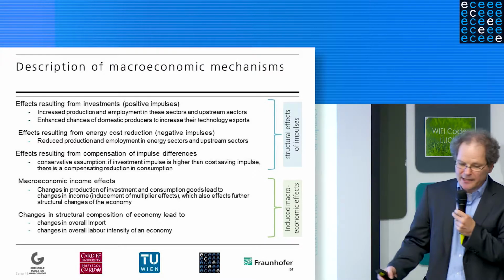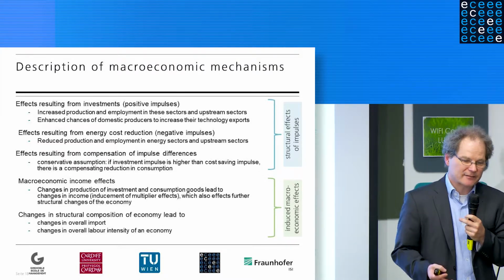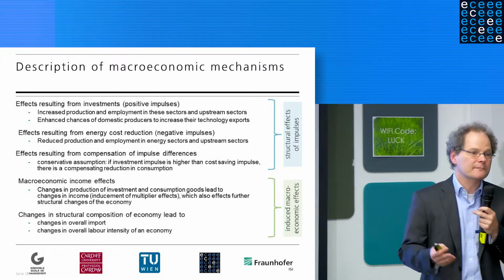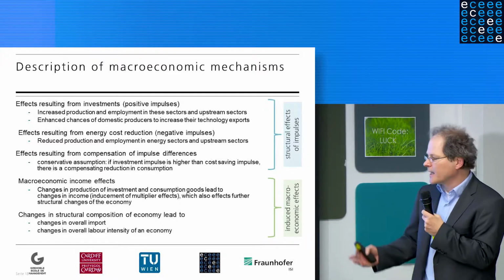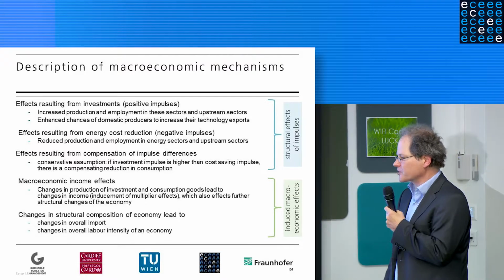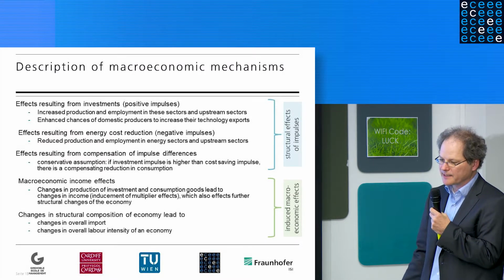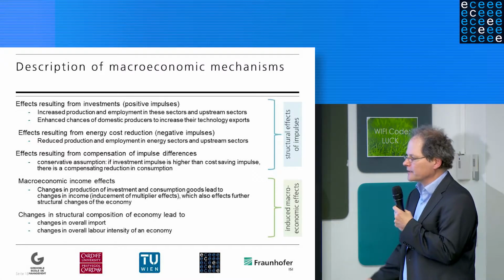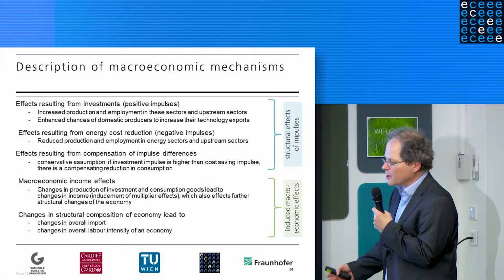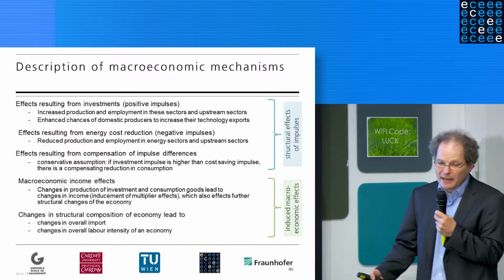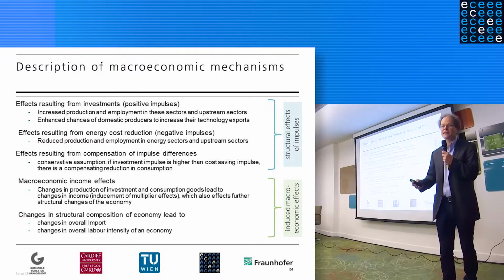Some sectors grow, other sectors decrease. That also means changes in the overall labor intensity of an economy because the labor intensity in each sector is different. And you have also changes in the overall imports because some sectors import more than others.